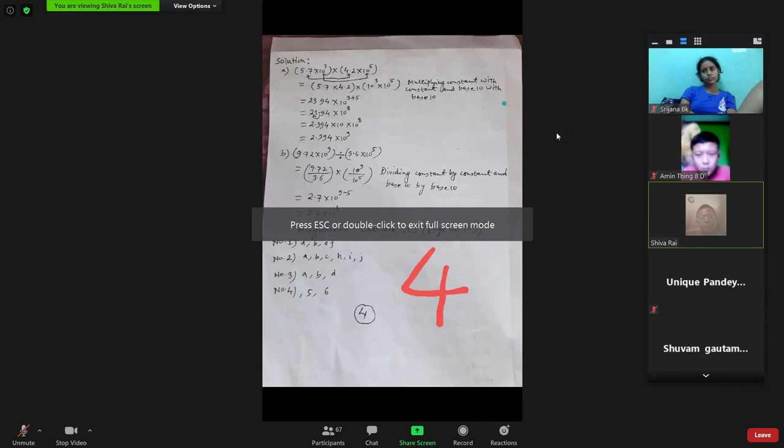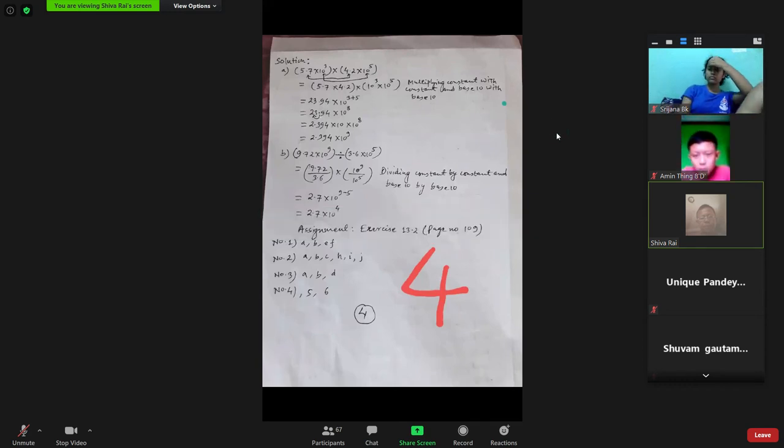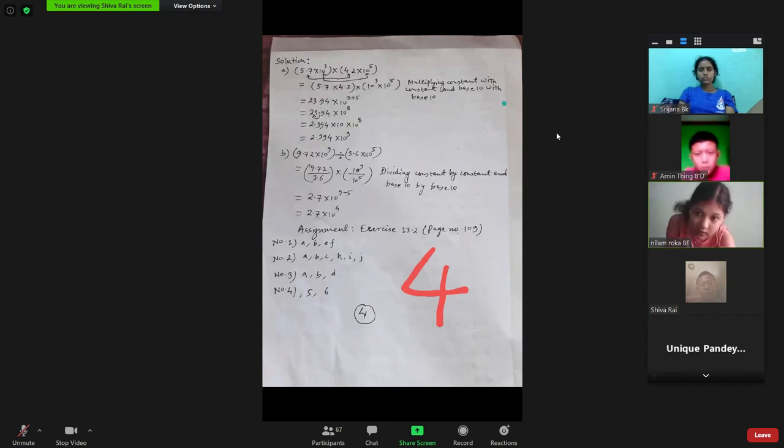You have to attend the exam from 3rd of Bhadra. Yeah, 3rd, 4th, 7th, 8th. 4 days. And your routine will come very soon. Go on checking the Mahavidyalaya website.